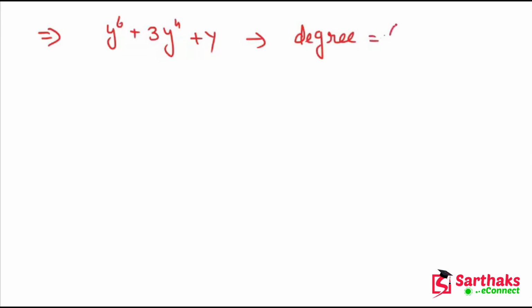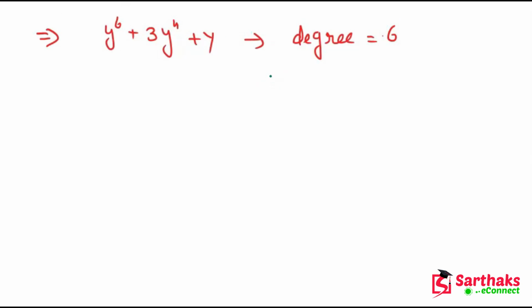Let's suppose we have a polynomial like y raised to power 6 plus 3y raised to power 4 plus y. The degree of this polynomial is 6, because the highest exponent is 6. So the maximum number of roots, the maximum number of zeros, is 6.